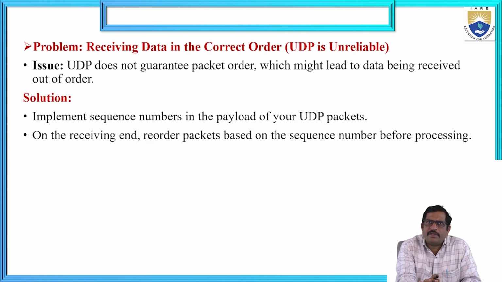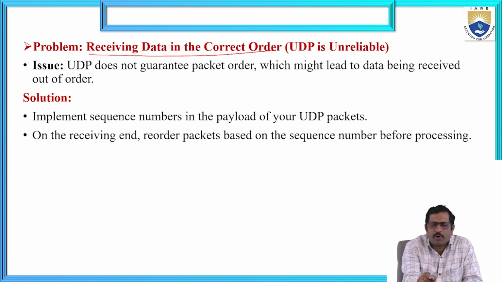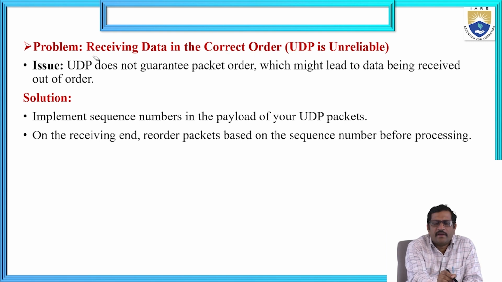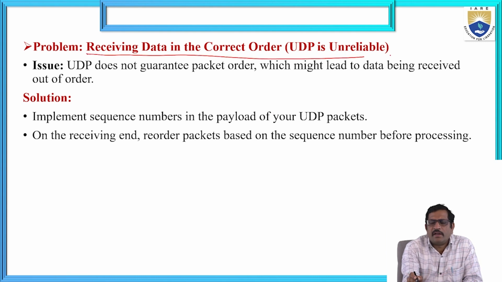Next, the problem is receiving data in the correct order. While establishing communication, receiving data in sequential order is a problem because UDP is unreliable. UDP does not guarantee packet order delivery.